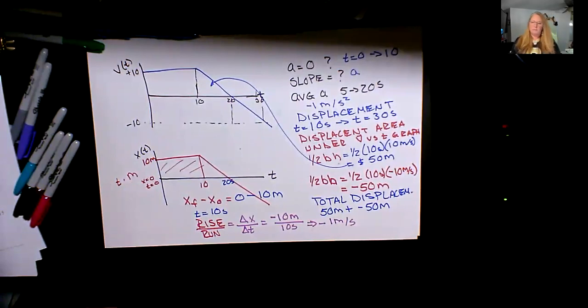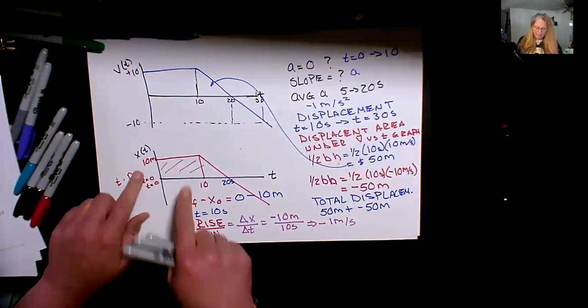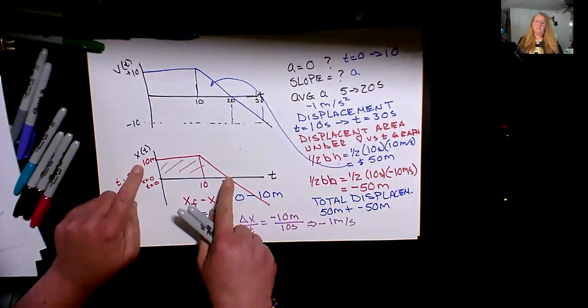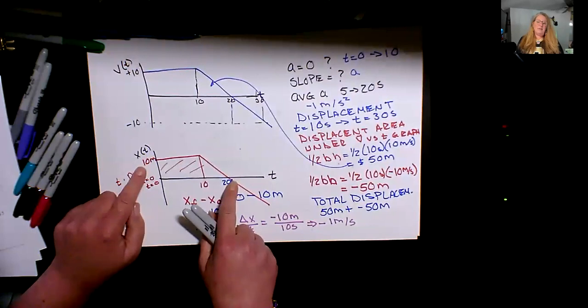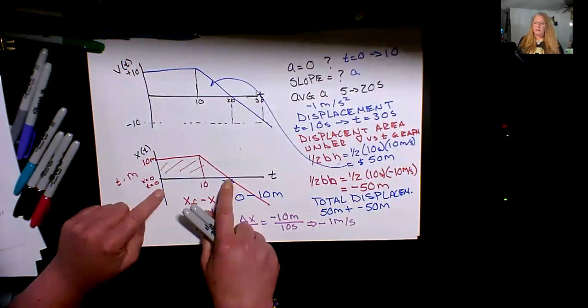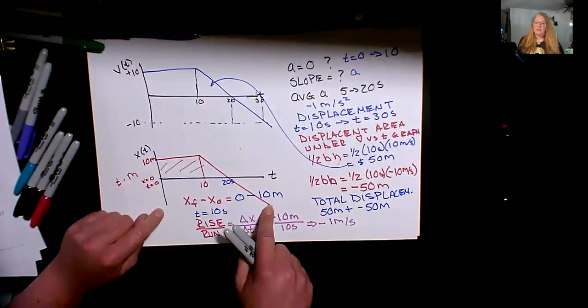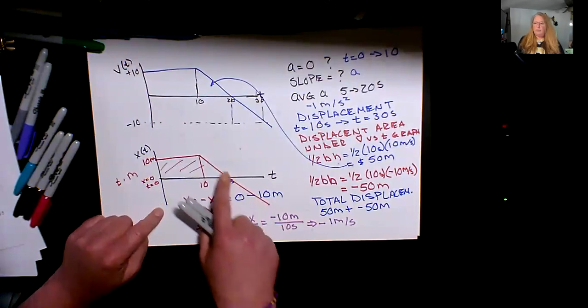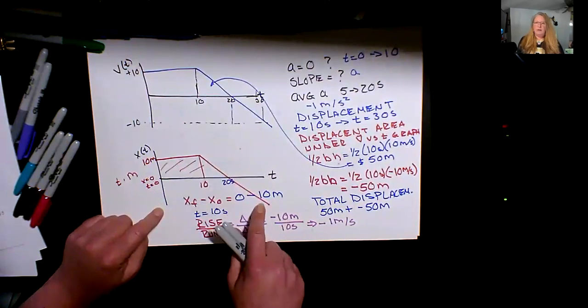What does that negative mean? Well, if I'm starting at 10 and going to 0, it means I'm going in a negative direction. I'm heading back towards the origin. From here, if I do the same thing, this would be like negative 10, and we look at this and we're like, well, this still gives me a negative value.